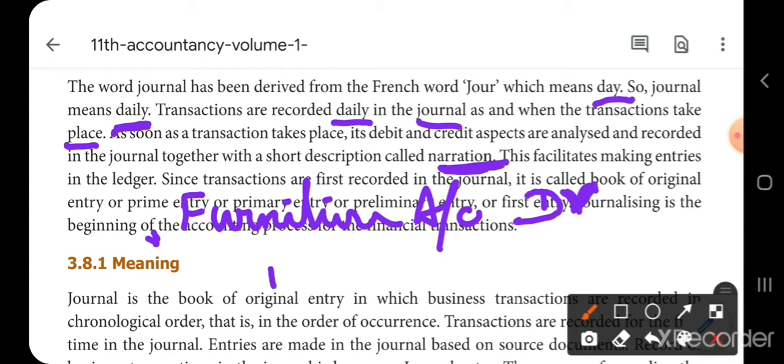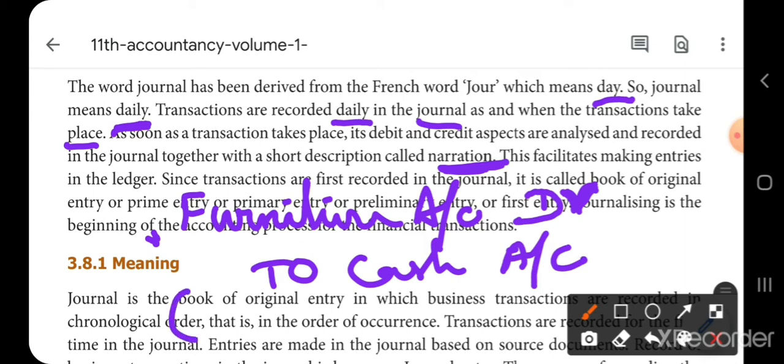Debit. To what is going out? Cash. Cash is going out. So to cash account. Then you will give a small description like purchase of furniture. So this is a journal entry with a small description called narration.